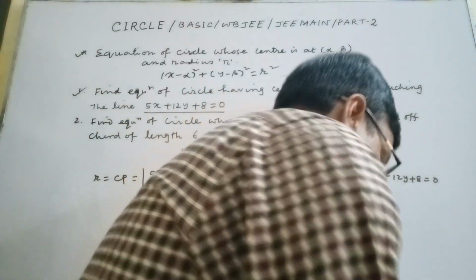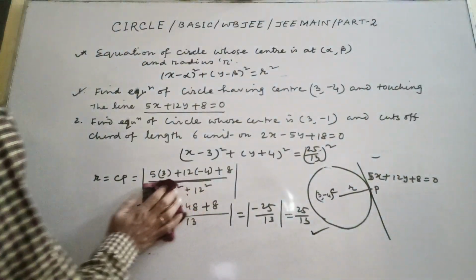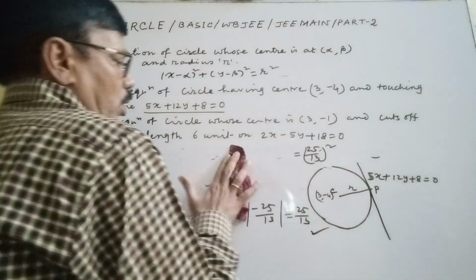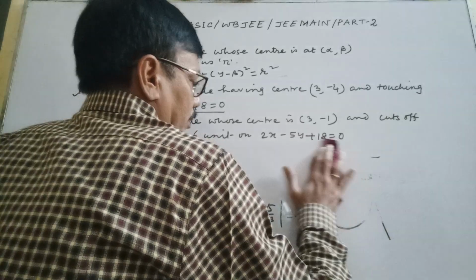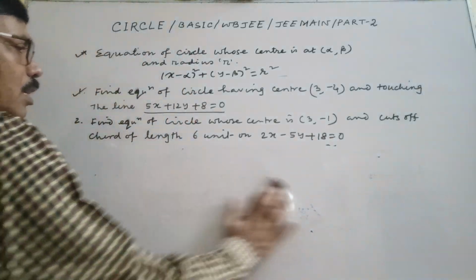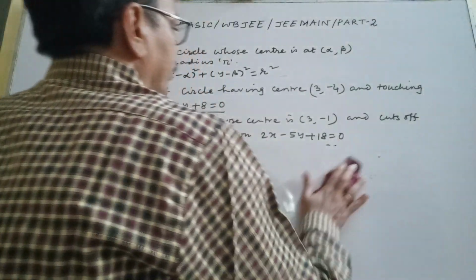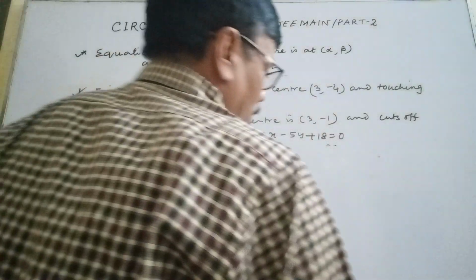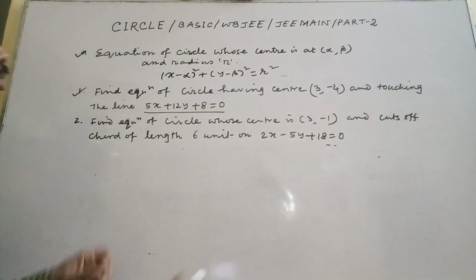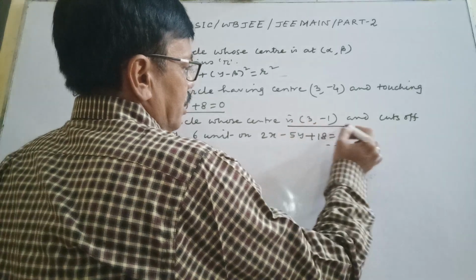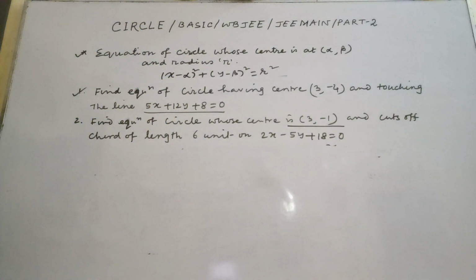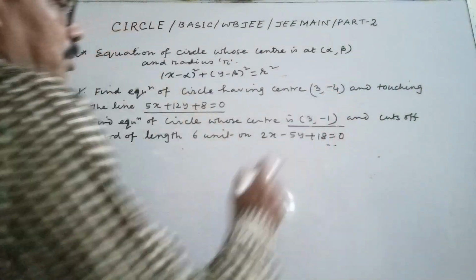Now consider the second one. Here also center is given. So what is center? (3, minus 1).